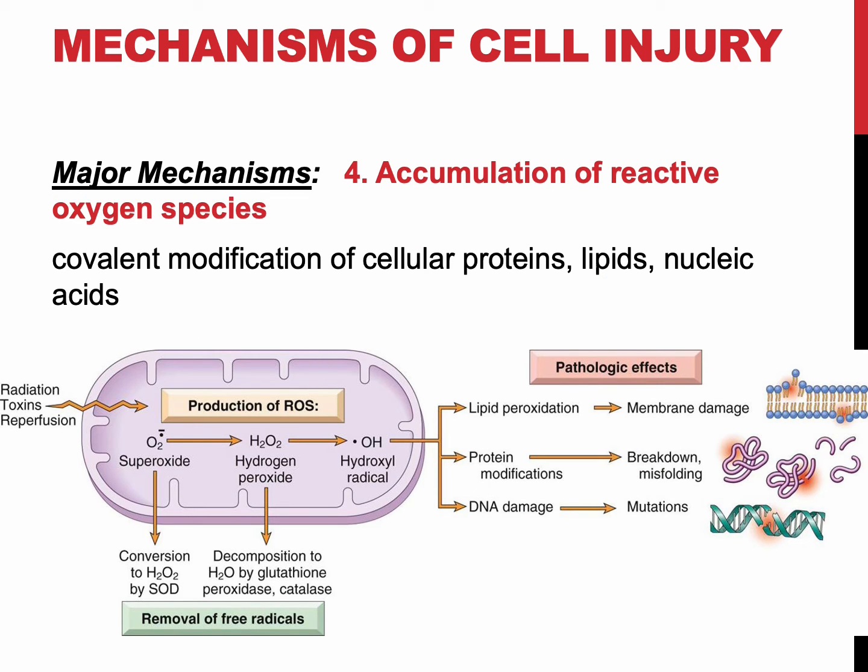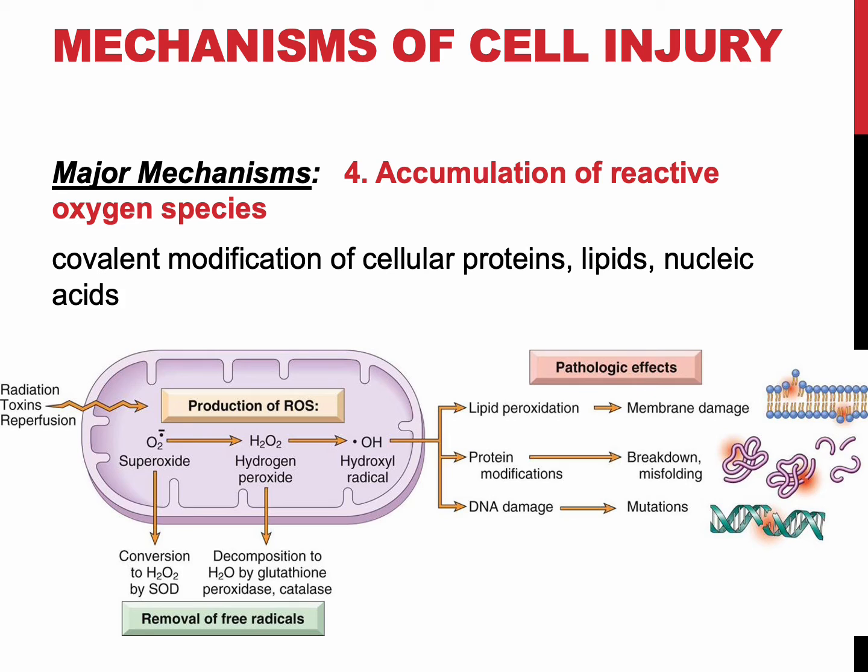The fourth major mechanism is the accumulation of reactive oxygen species. Reactive oxygen species can be produced if you have a tissue that's irradiated, if you have toxin, or if you have a tissue that gets reperfused. There's often a lot of production of reactive oxygen species, and these reactive oxygen species will affect lipids via lipid peroxidation, which can then lead to membrane damage.